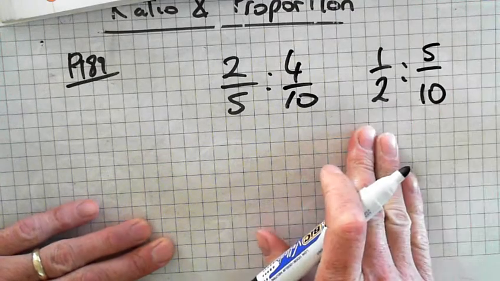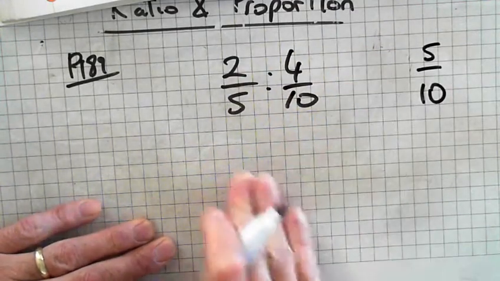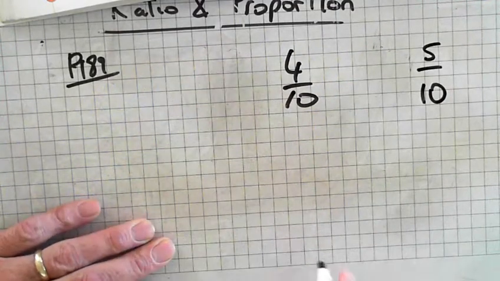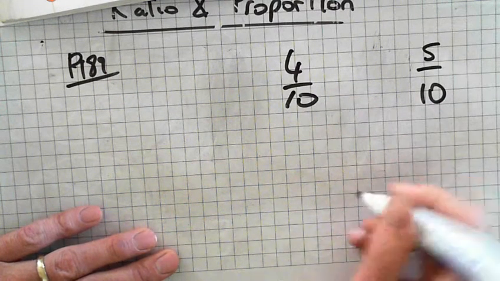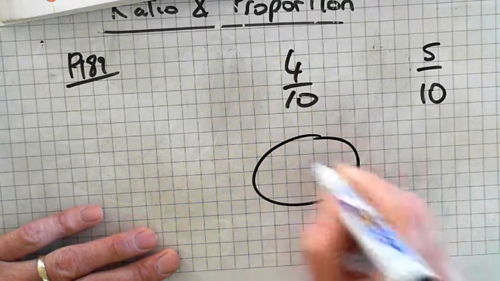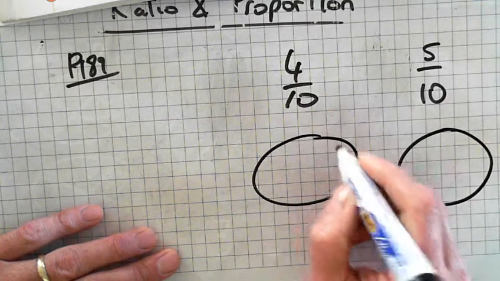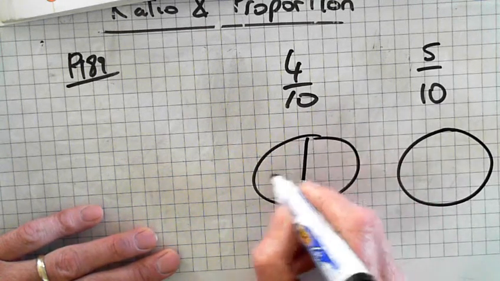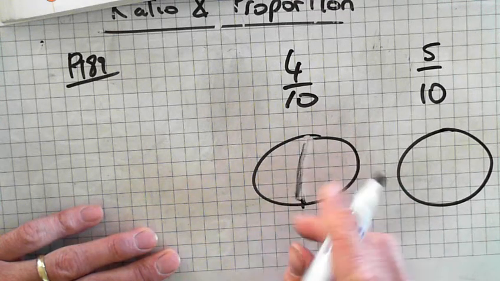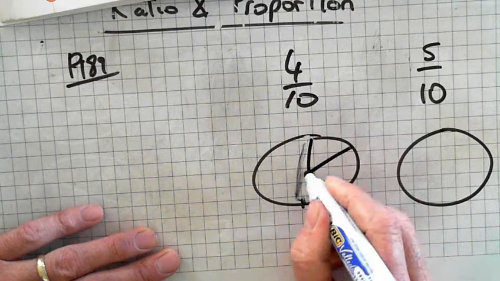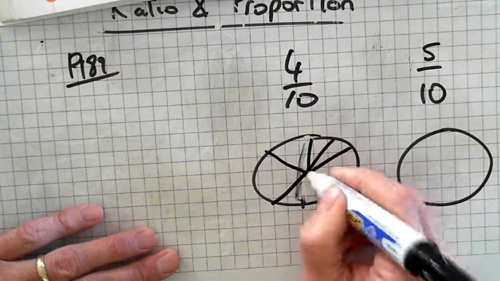Yeah. Alright, so now I'll rub out the half and the 2/5. Now we've got tenths. So we've got 4/10 and 5/10. Alright, so I can draw my circle and break it up into tenths. Break it up into 5 first. That's 5.